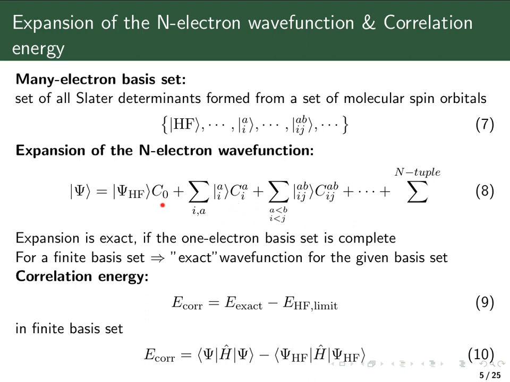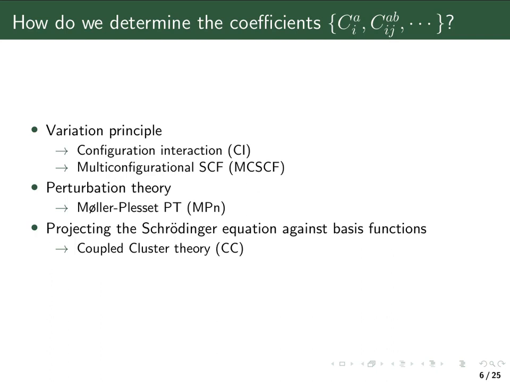Now, the big question is, how can we determine the values of these coefficients so that we get the exact, or a wave function which is as close as possible to the exact wave function? There are essentially 3 different ways how we can determine those coefficients.